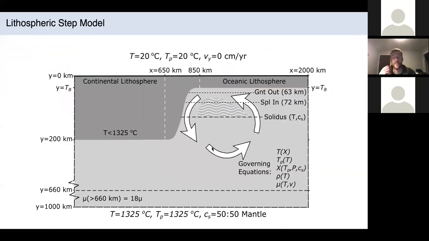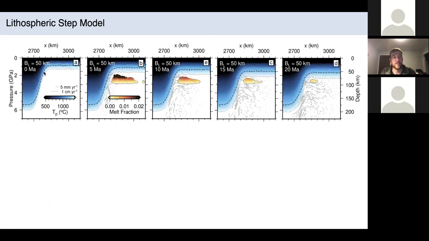Although I use this model at mid-ocean ridges, it works in a variety of different settings, including at lithospheric steps. So here's a model where we have a step in lithospheric thickness, and as the model propagates through time, we start at 0 Ma, we go to 20 Ma, you can see that we generate a large convective cell at the lithospheric step, and our melt fraction starts high and decreases through time as the lithosphere above re-thickens.